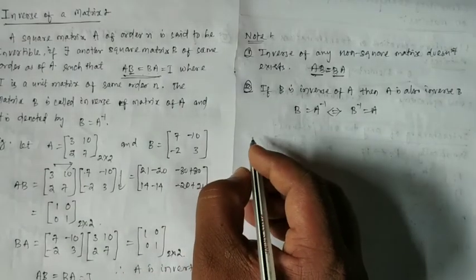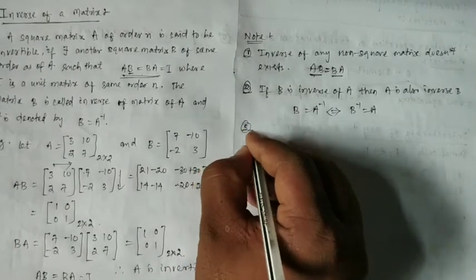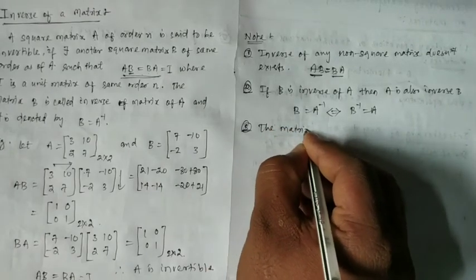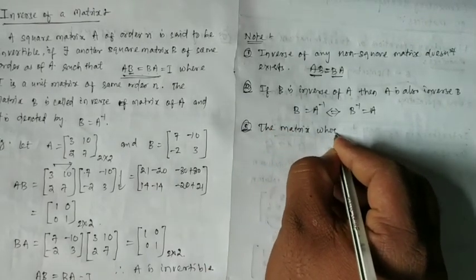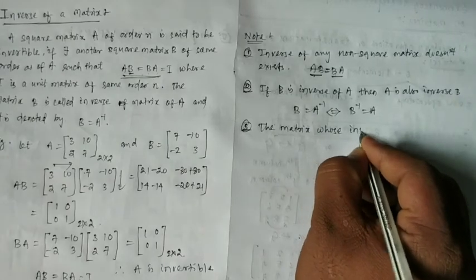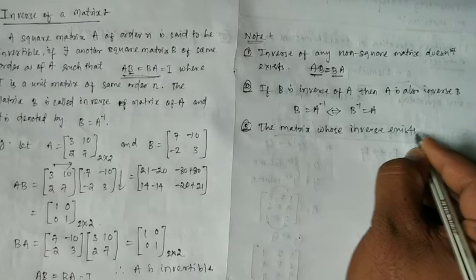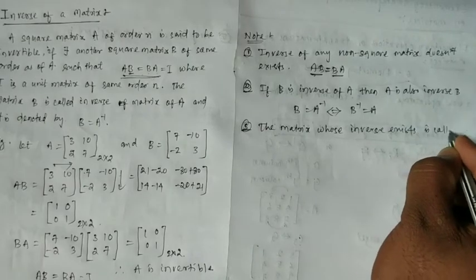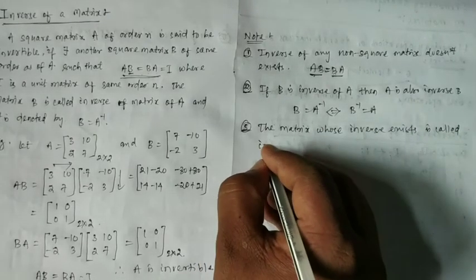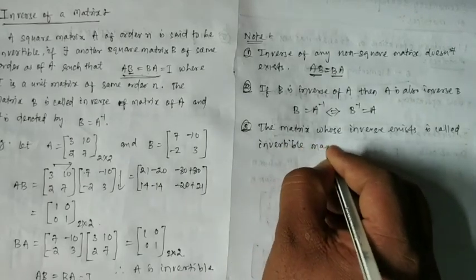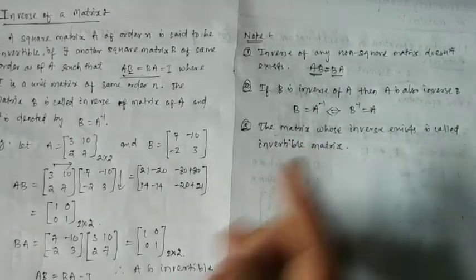And third one is, the matrix whose inverse exists is called an invertible matrix.